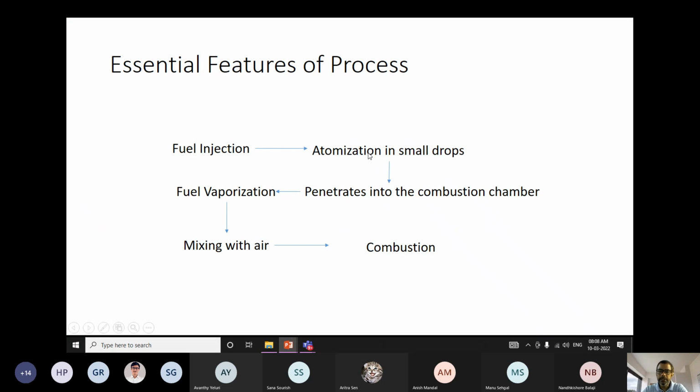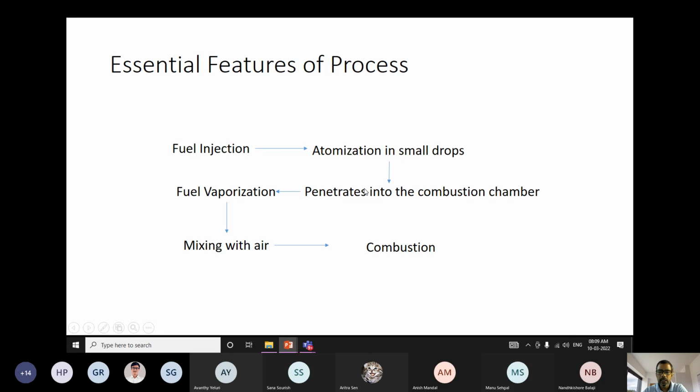Once the fuel is atomized, since it has been injected at very high pressure, the fuel droplets penetrate across the combustion chamber depending upon their momentum. Penetration, how far the fuel droplet goes inside the combustion chamber, is also an optimizing factor.